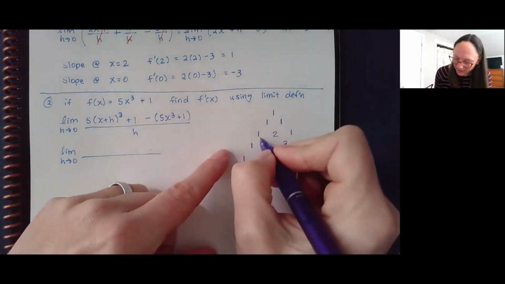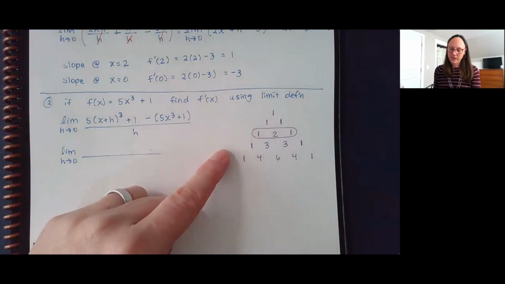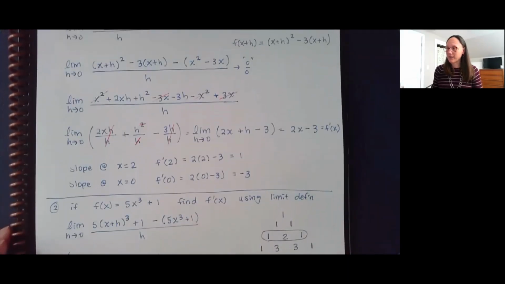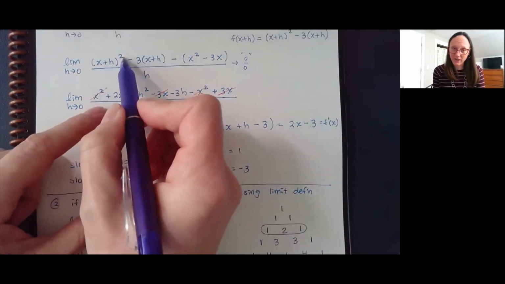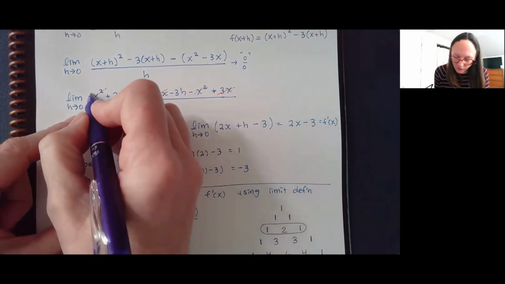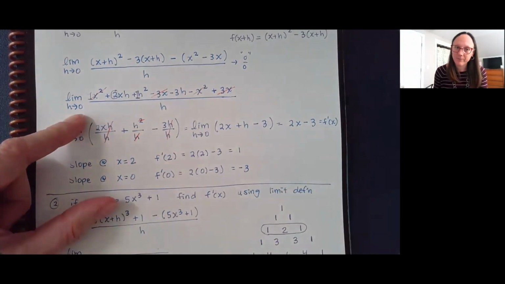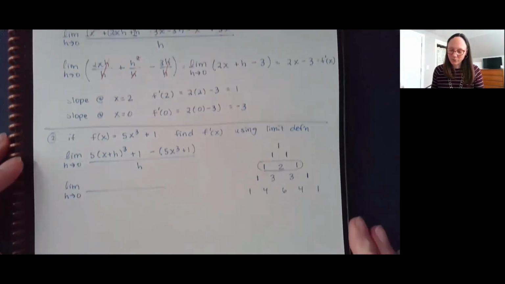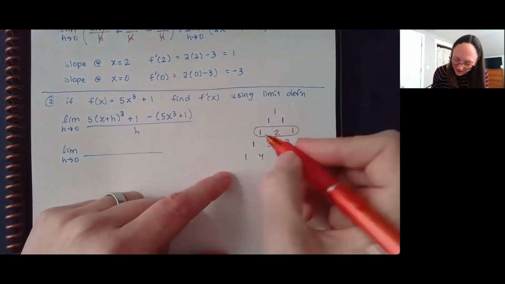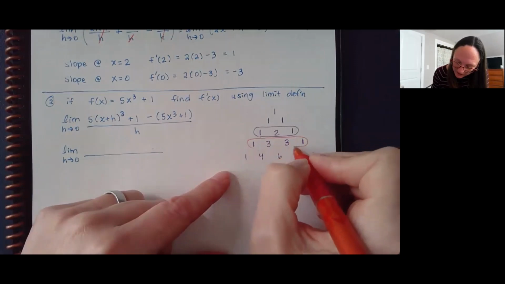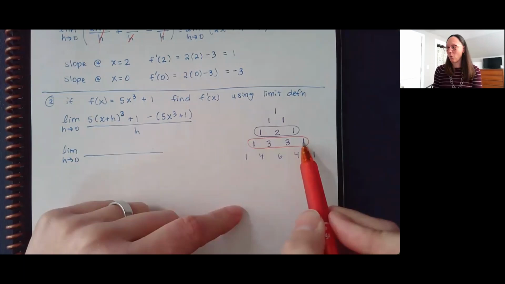So if I look at this row right here, the 1, 2, 1, and I go back to our previous problem, when we multiply out x plus h squared, the coefficients are 1, 2, 1. Since we're multiplying out x plus h cubed, I'm going to need this line right here. And I know that my coefficients are going to look like 1, 3, 3, 1.